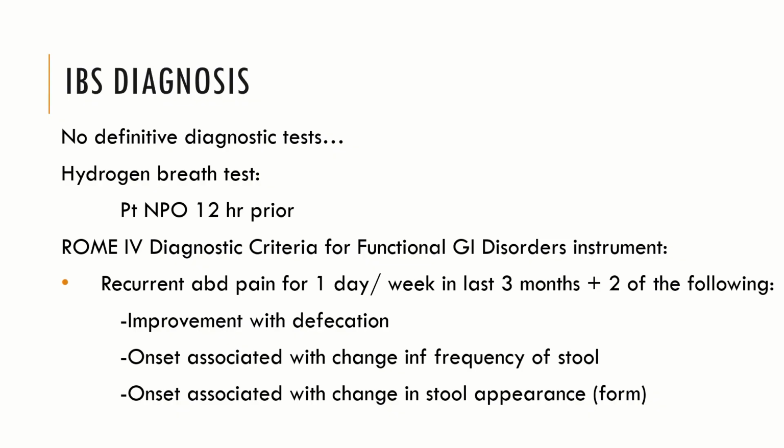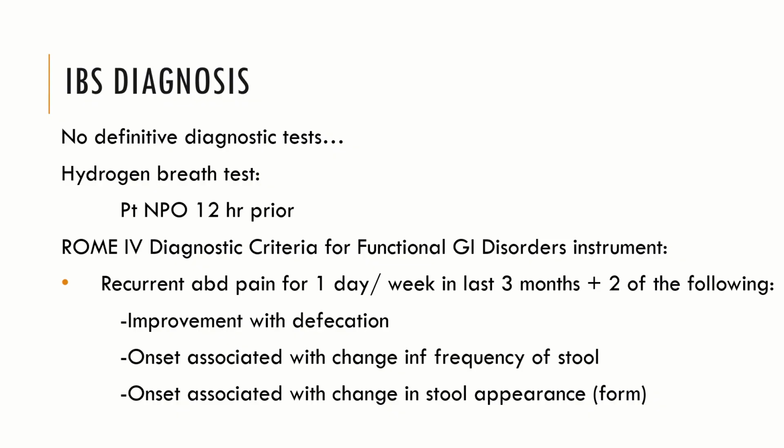The diagnostic criteria looks like this: recurrent abdominal pain at least 1 day a week in the last 3 months, and 2 of the following: improvement with defecation, onset associated with a change in frequency of stool, and onset associated with a change in stool appearance.